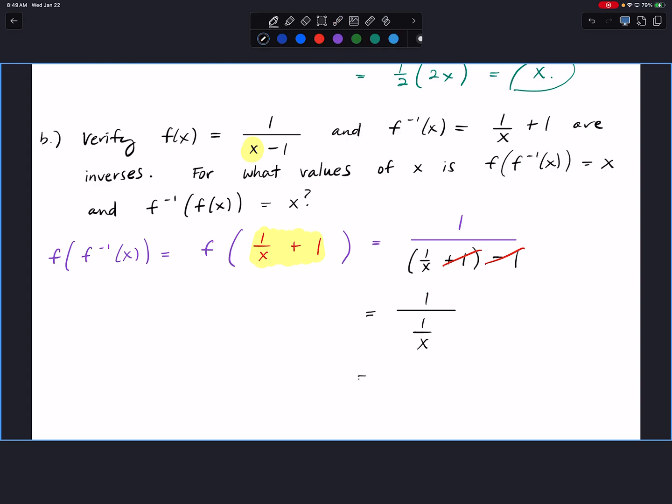So this is going to be 1 over 1. What's the rule for dividing a fraction? You multiply by the reciprocal. So times the reciprocal of the denominator, which is just x over 1. 1 times x is just x. 1 times 1 is just 1. I don't need to include a denominator of 1, so this is just x.